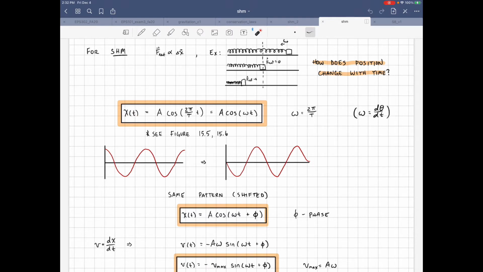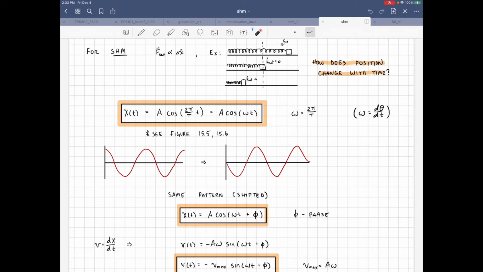Well, it changes periodically, with a trig function, cosine of, and then the argument would be 2 pi over the period, which is known as the angular frequency, omega, multiplied by the time. And so A cosine omega t is a way that we can describe the position of this object.